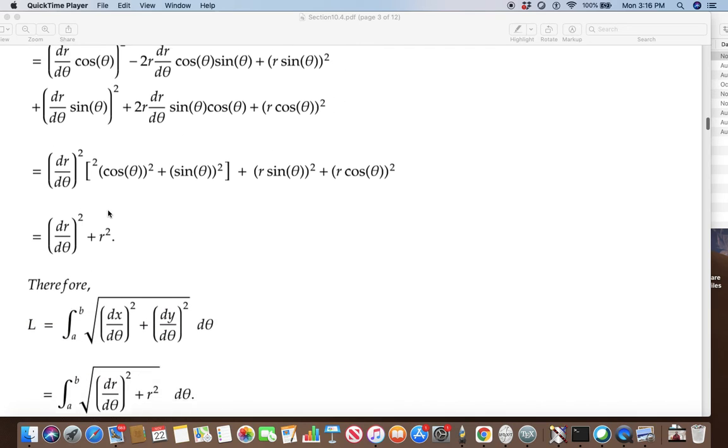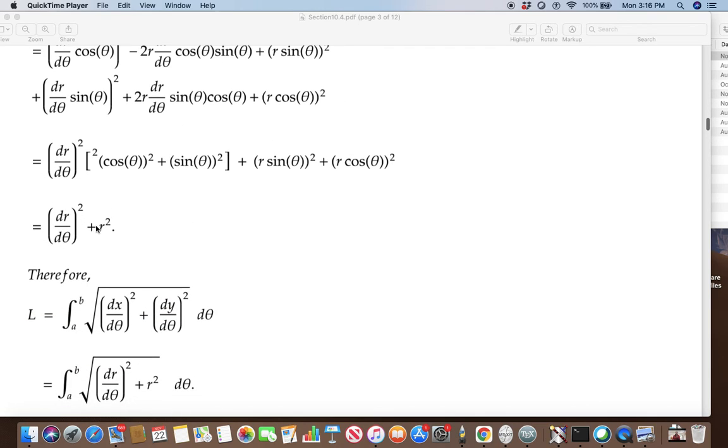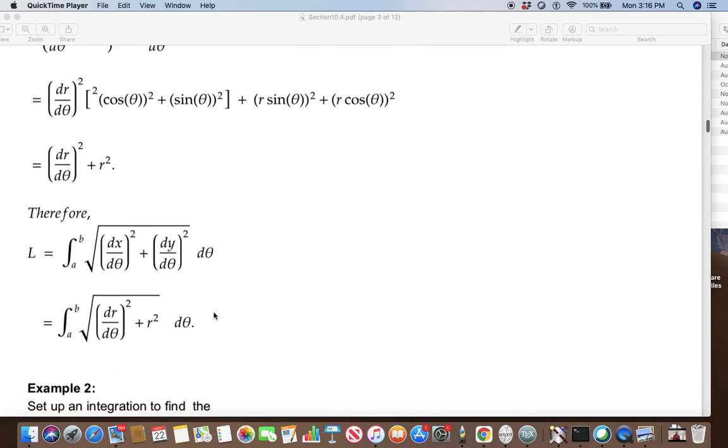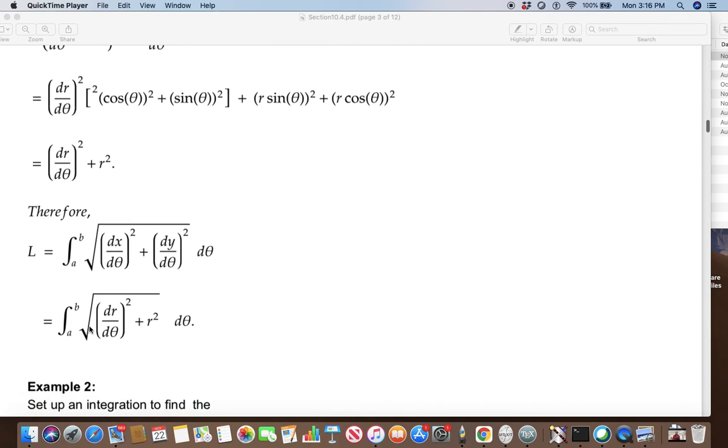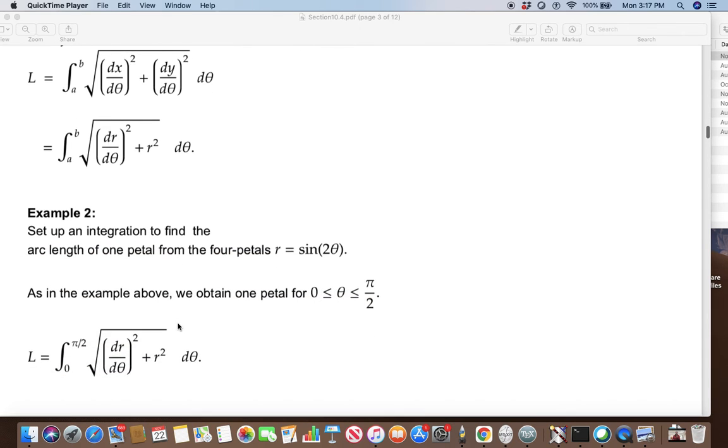This expression is dr d theta squared plus r squared. So the arc length is the integral a to b of the square root of dx d theta squared plus dy d theta squared d theta. This is the integral of the square root of dr d theta squared plus r squared d theta. Okay, so this is the formula for calculating the arc length.